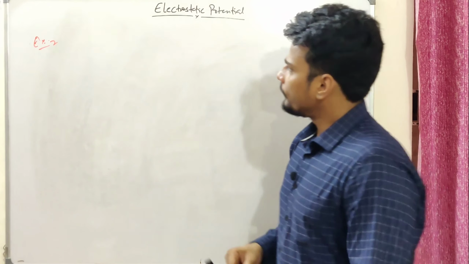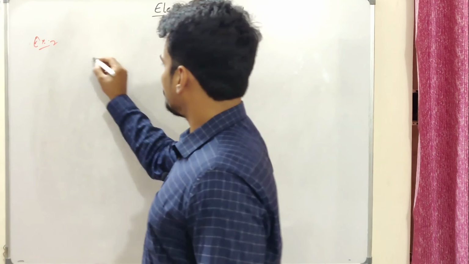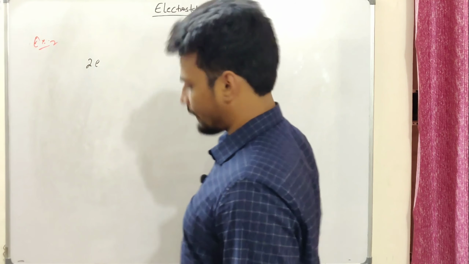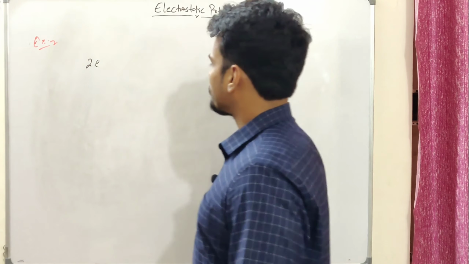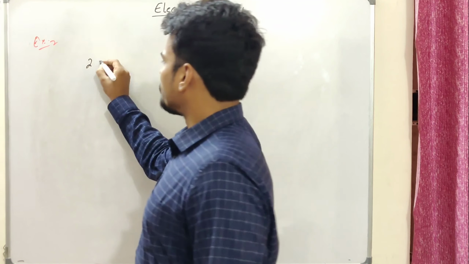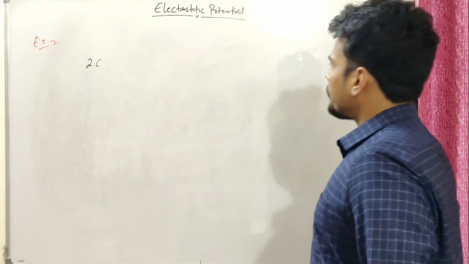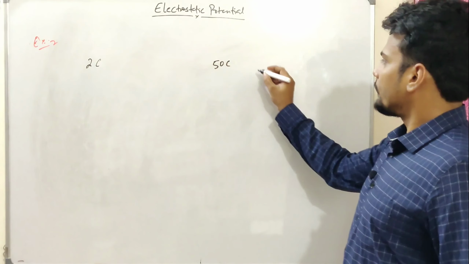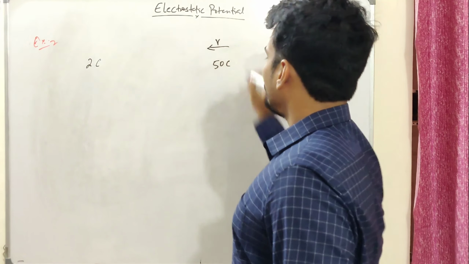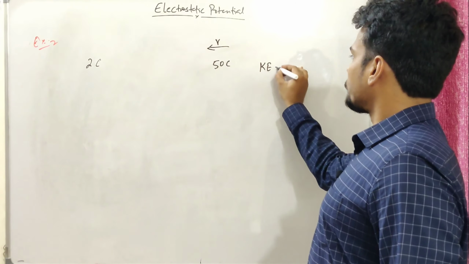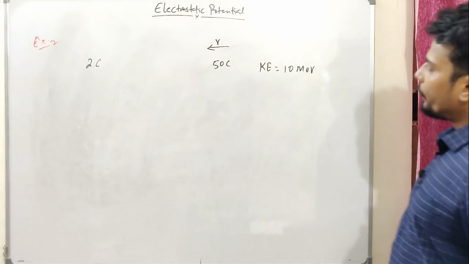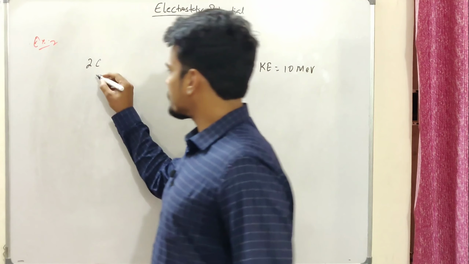If I have a charge of 2 coulomb over here, and a charge of 50 coulomb is approaching it with a certain velocity v, having kinetic energy, let's suppose, 10 megavolt. Now what is going to be the closest, the shortest distance between them?